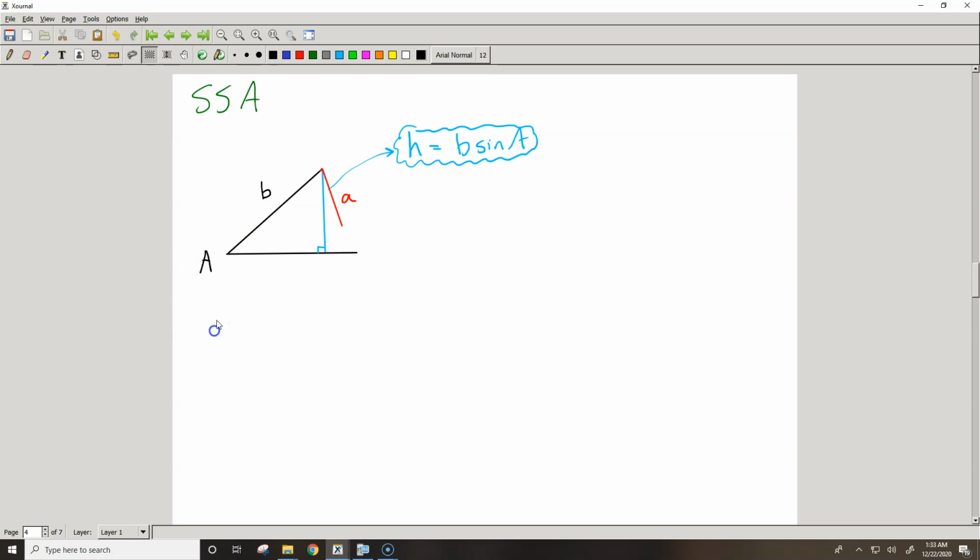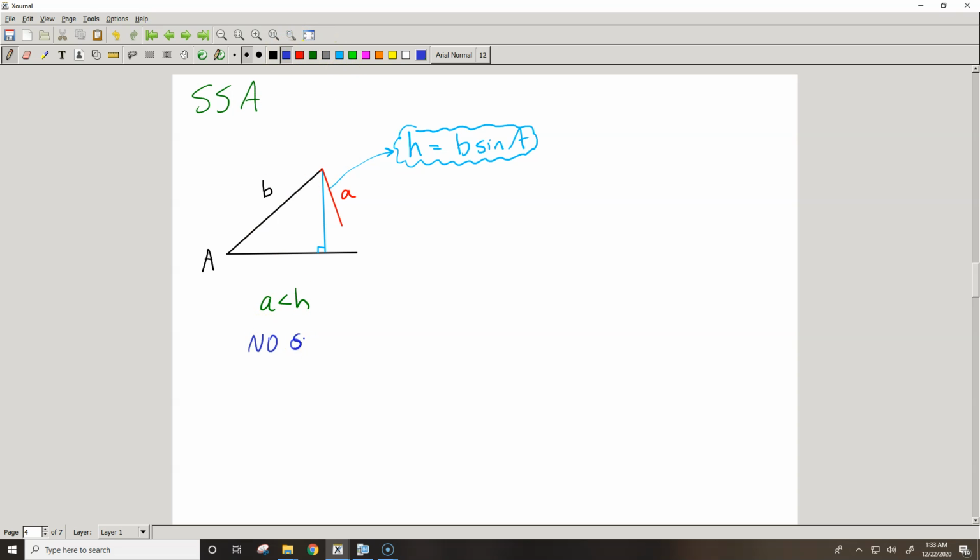But the key here is that you have this setup right here. You have angle A, and for all these cases, we're going to write it in the same way. We have angle A, we have a side B that's connected to it, and then we have another side that is given that we don't know the length of. This would be a no solution because in this case, I'm going to put down here A is less than H, and that means that we're going to have no solution.